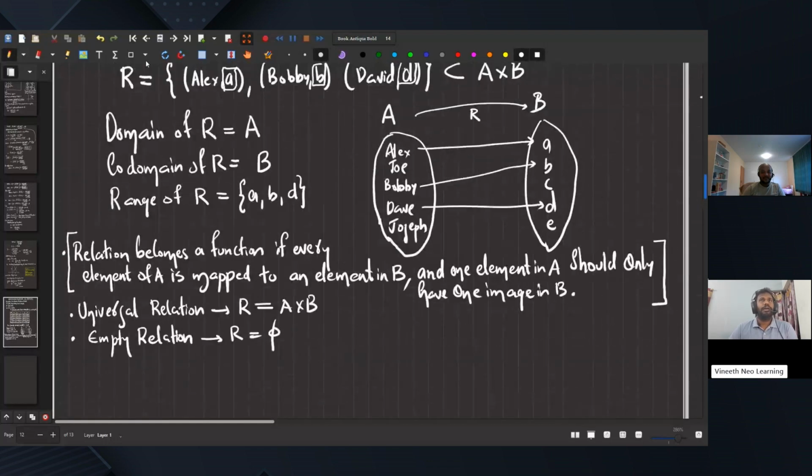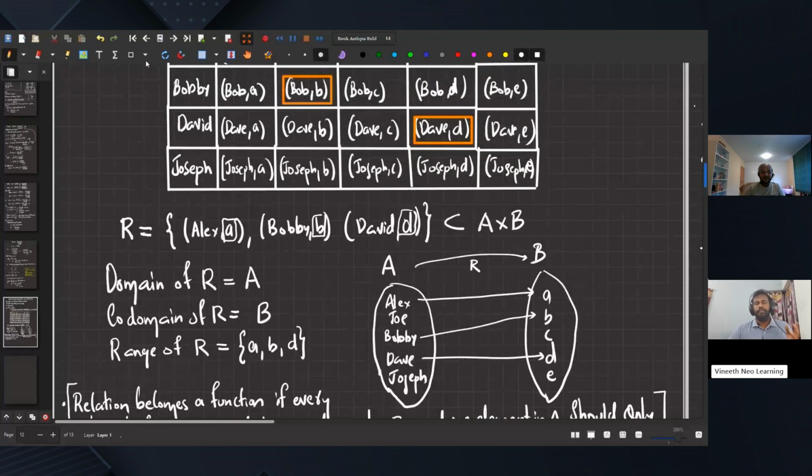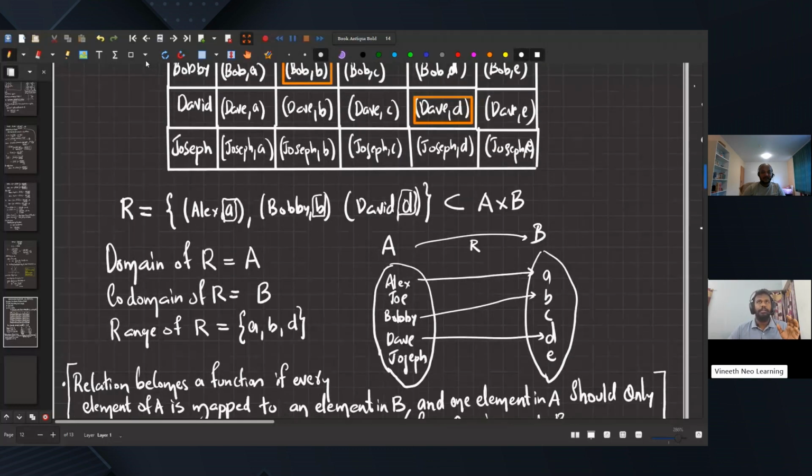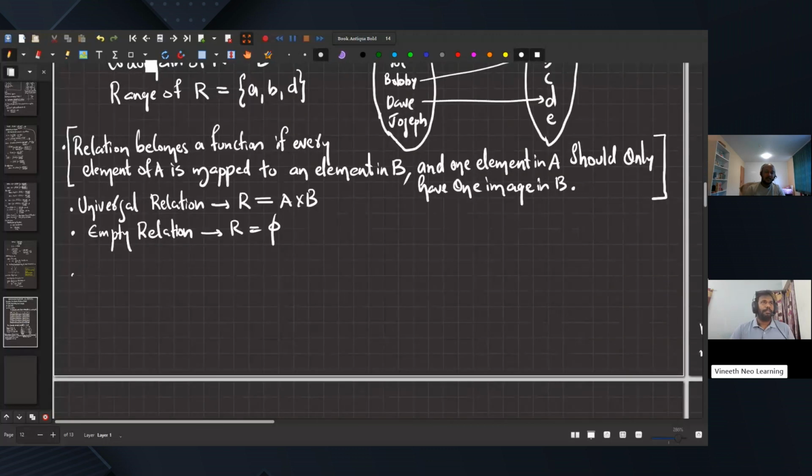Now in mathematics, we are actually concerned with relations that are defined within a set. We are more concerned with R a subset of A cross A. Joe?